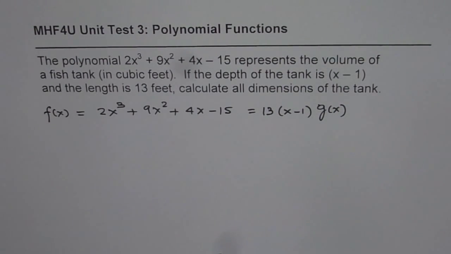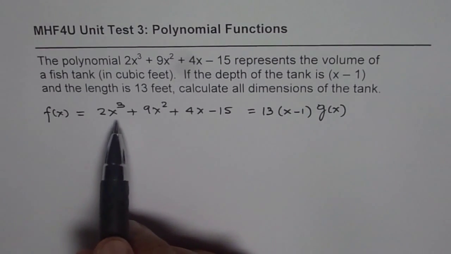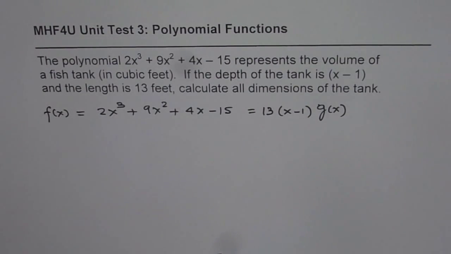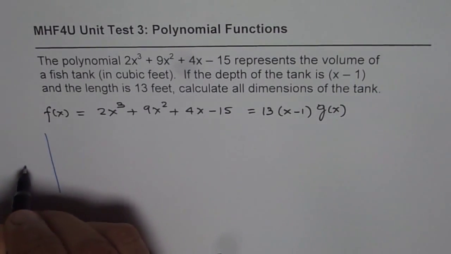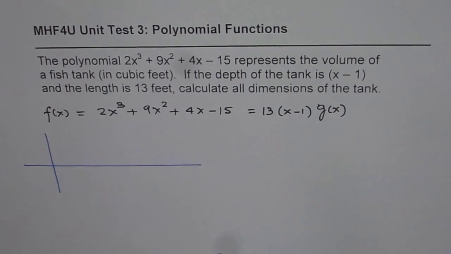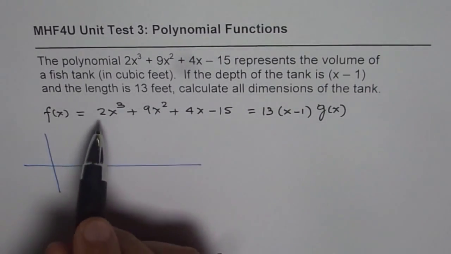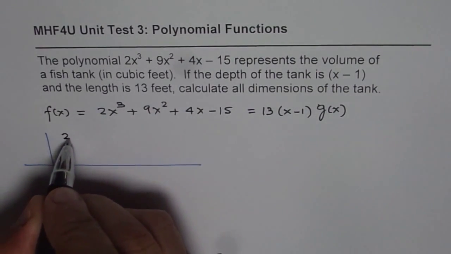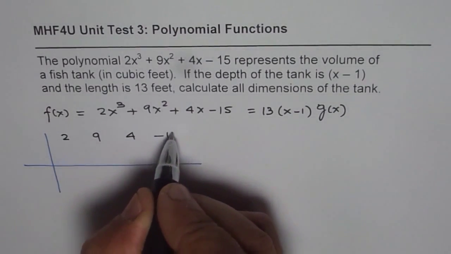Well, one way is, since we know at least one factor, which is x minus 1, we can divide and then factor the rest of the equation. So let's adopt synthetic division. We have 2x cubed plus 9x squared plus 4x minus 15. The coefficients are 2, 9, 4 and minus 15.